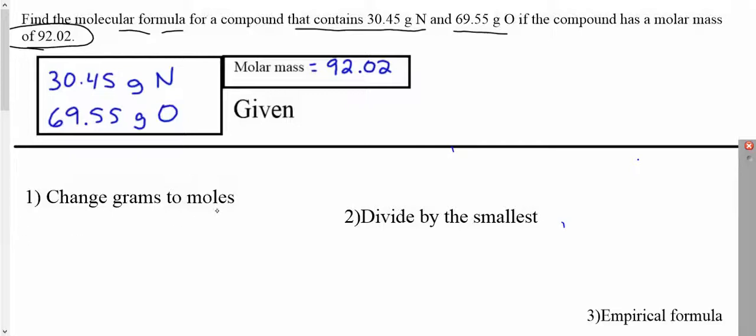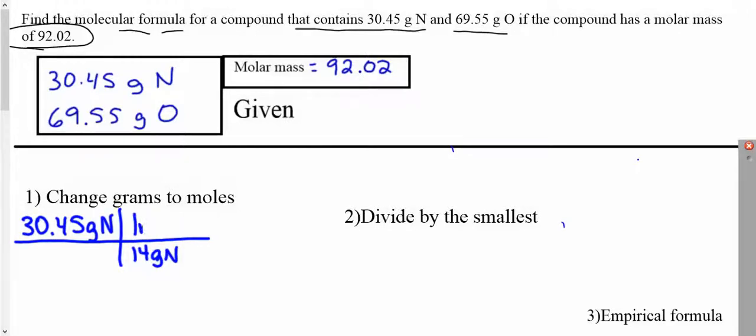Change the grams to moles. First we're finding the empirical formula. So we're going to change all the grams to moles. So 30.45 grams of nitrogen, 14 grams of nitrogen in 1 mole of nitrogen. Once we divide that, it comes out to 2.175. I left my decimal out there.